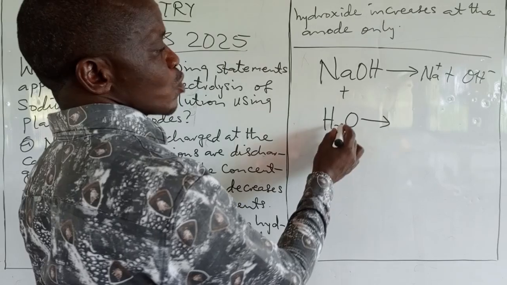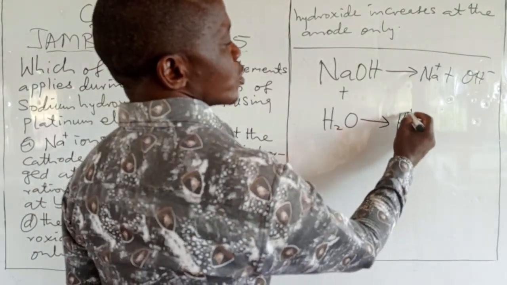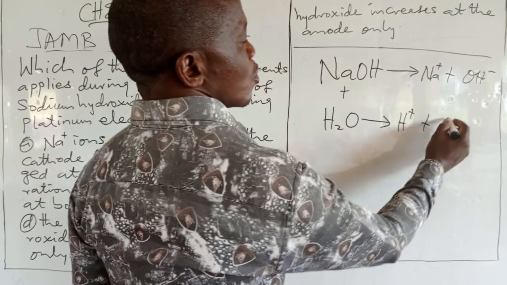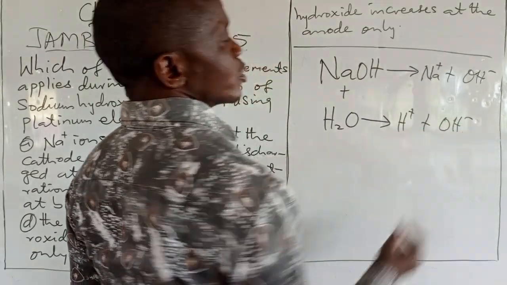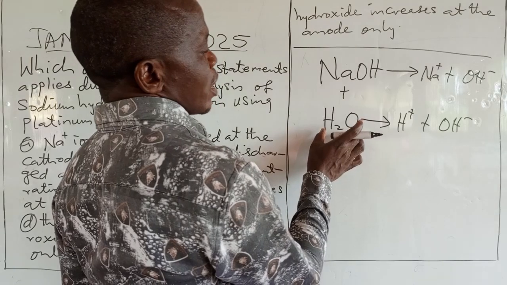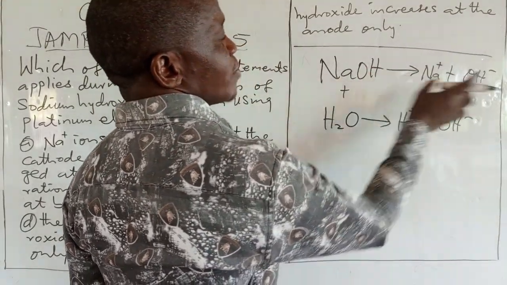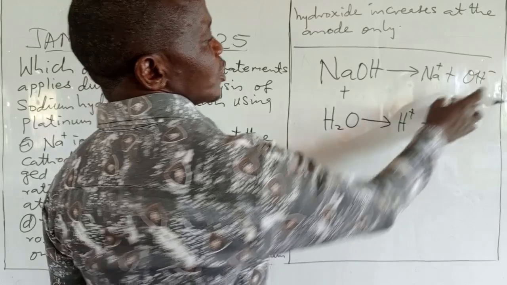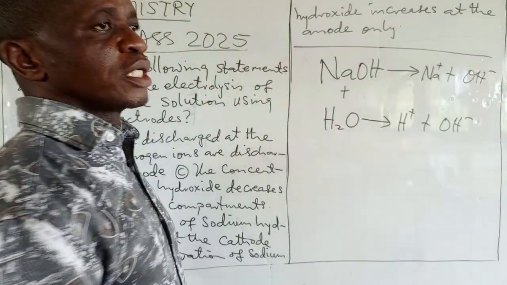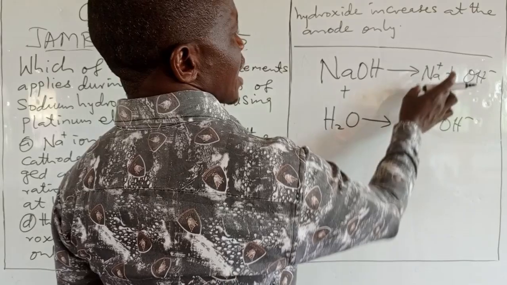The water will ionize also to give you H+ and OH-. You can see that in that solution, this ionizes to give OH-, and the same thing with this one, as they have a common anion, but they have different cations.